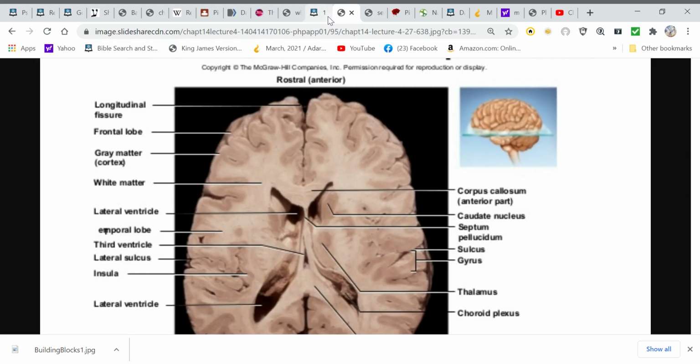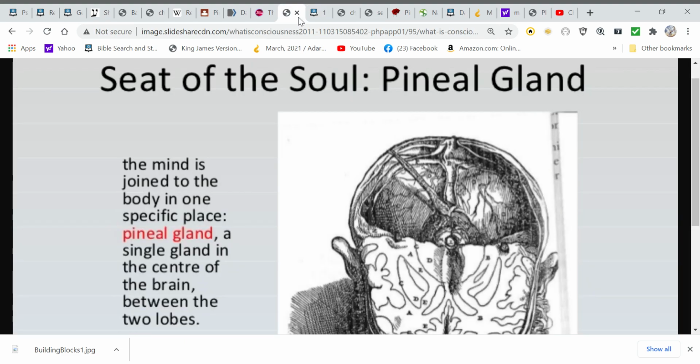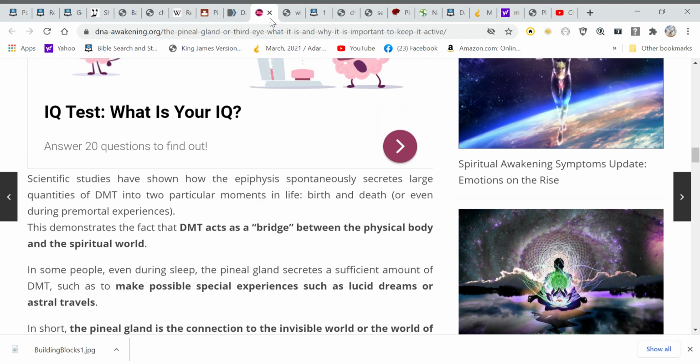Okay, so when we understand the location of this third eye, we've got to remember it is called that. It is called that, and it's significant in understanding this scripture that I'm about to read.